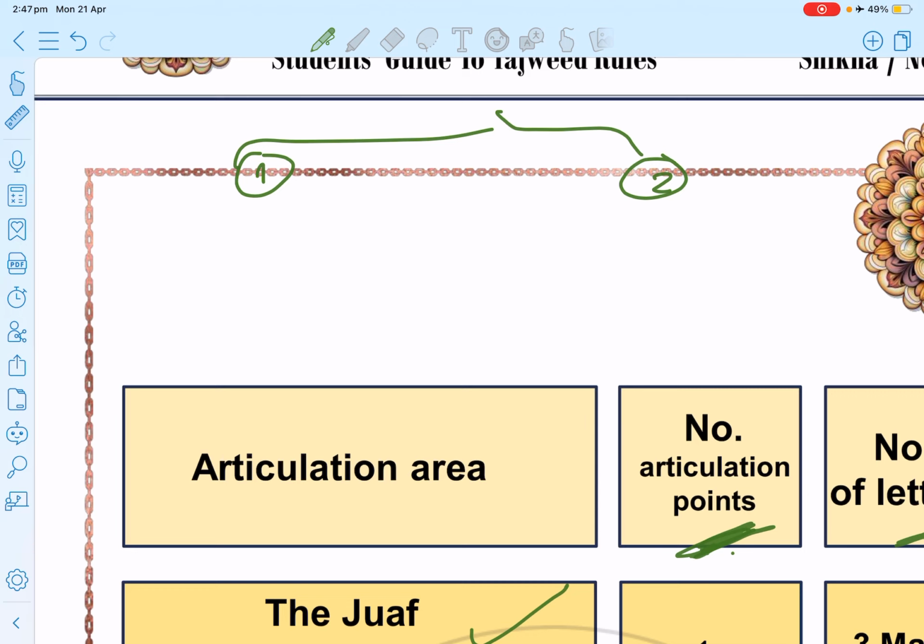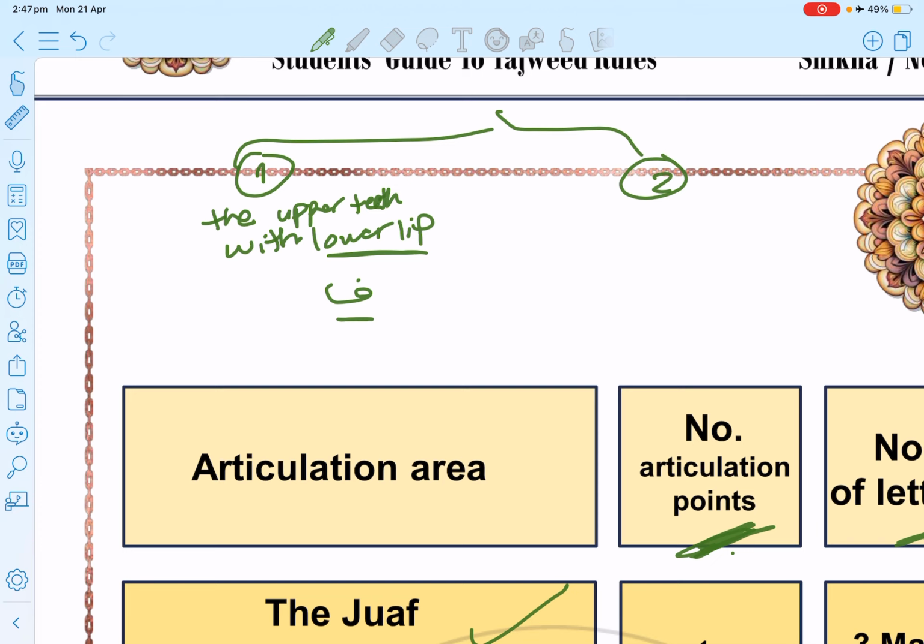The first specific articulation point is when you bring the upper teeth with the lower lip, and this is مخرج what? This is مخرج الفاء. Try to say F. You will notice that you bring the upper teeth with the lower lip. Okay, this is the first specific articulation point.